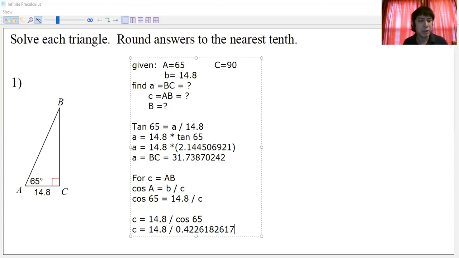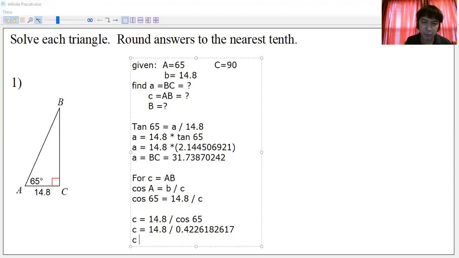And so we will just divide 14.8 by the value. There. And we have something like 35.